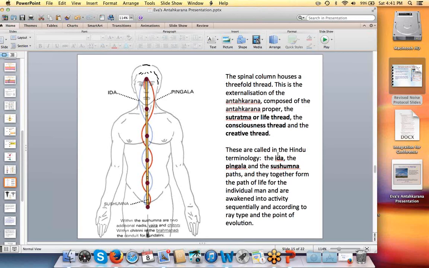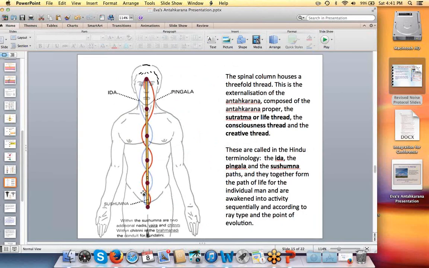These are called, in the Hindu terminology, the Ida and the Pingala, and the Sushumna, and they together form the path of life for the individual man, and are awakened into activity sequentially, according to ray type and point of evolution.